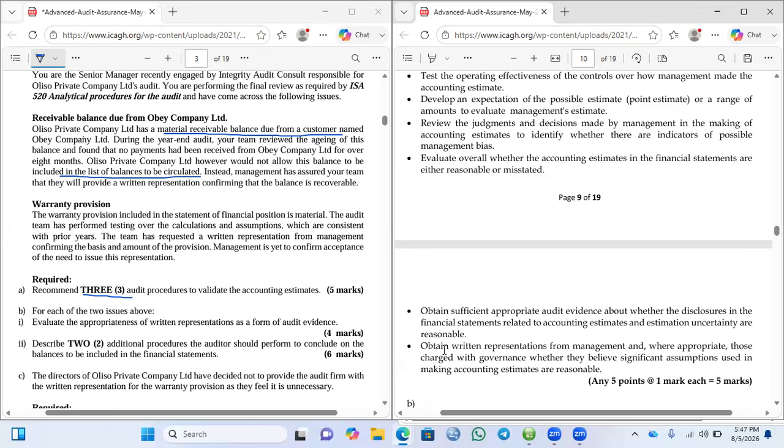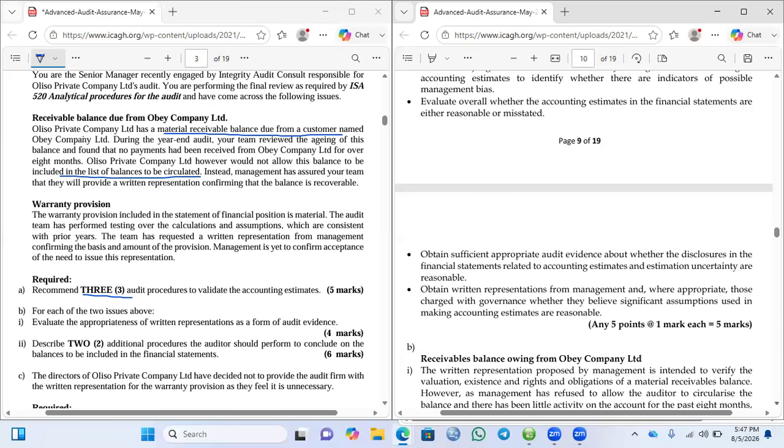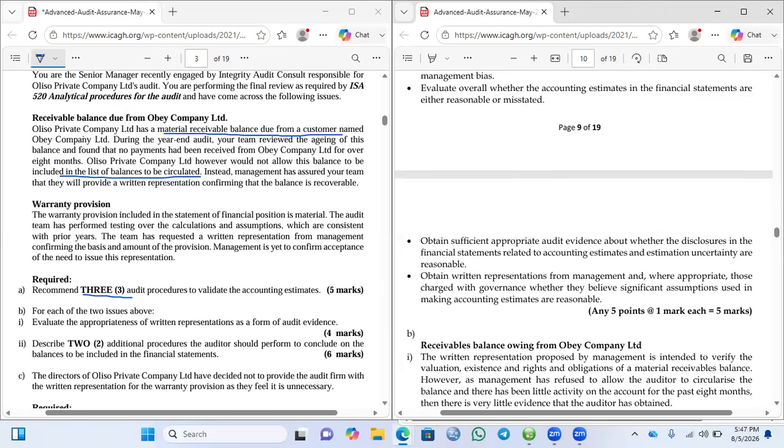Then, obtain written representation from management and, where appropriate, those charged with governance, whether they believe significant assumptions used in making accounting estimates are reasonable. So that's also another procedure. You ask them to give you a written representation to justify whether the basis they used to make these estimates is reasonable.